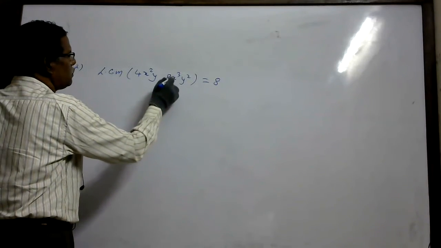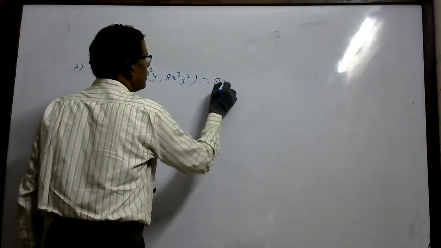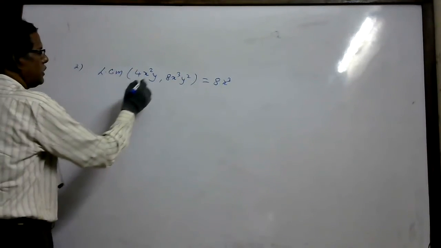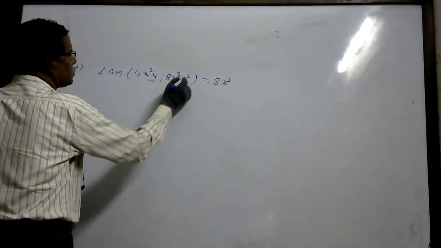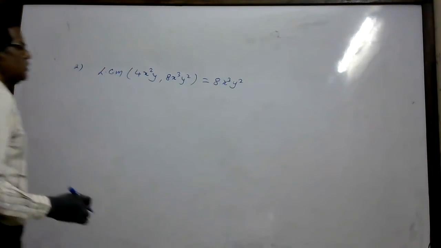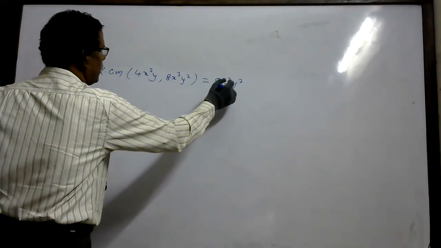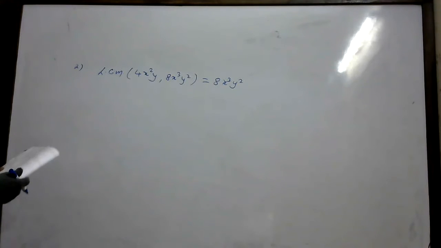So, this x cube is the higher degree. So, x cube. Next, here y and y square. So, 2 is the higher degree. So, y square. So, the LCM of the polynomials is 8x cube y square. The same way, you can do the other sums also.